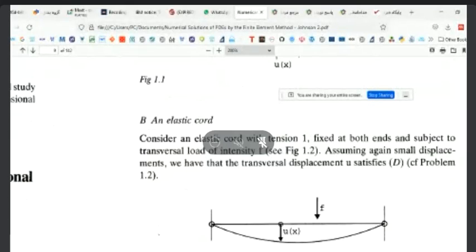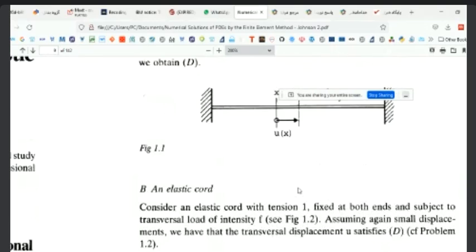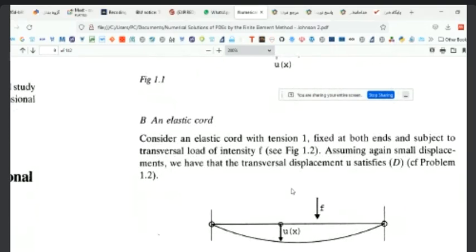Another example is an elastic cord. Rather than an elastic bar, we have an elastic cord fixed at its ends between 2 points, with f vertically applied to this cord.